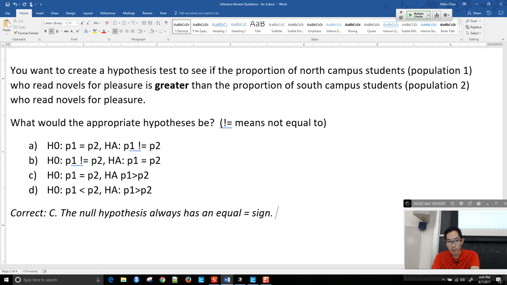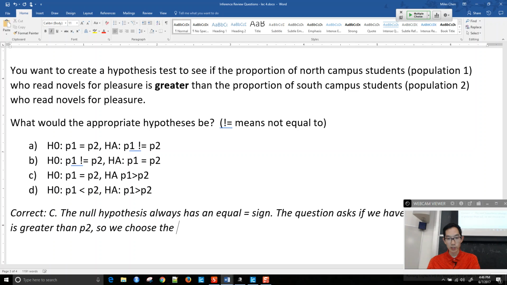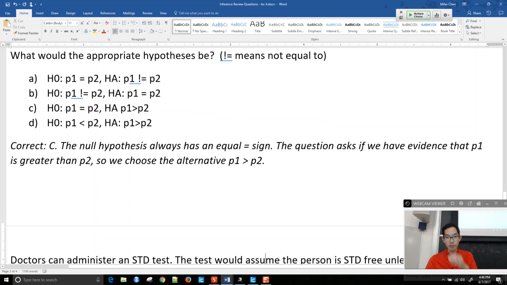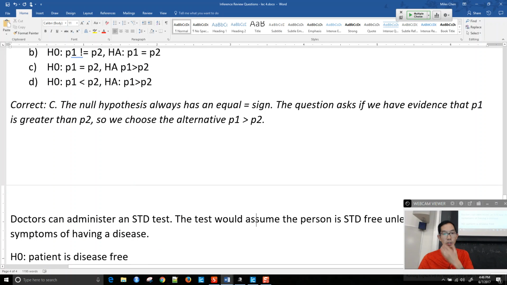So that reduces us to A or C, and then the question asks if we have evidence that P1 is greater than P2, so we choose the alternative, P1 greater than P2.